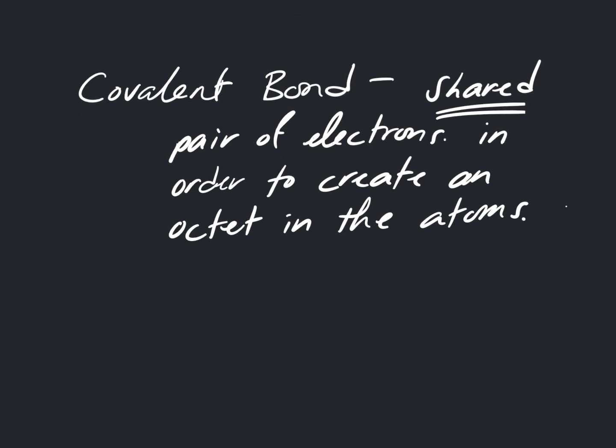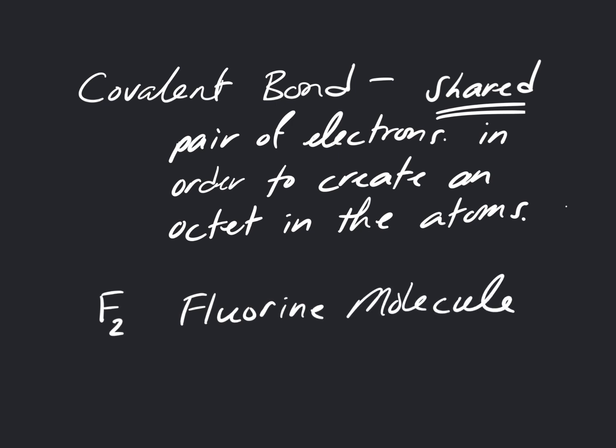And to show you what I mean by that, we're going to start with an example. Okay? We're going to start with this compound. This is a fluorine molecule. Okay? This is a covalent molecule.